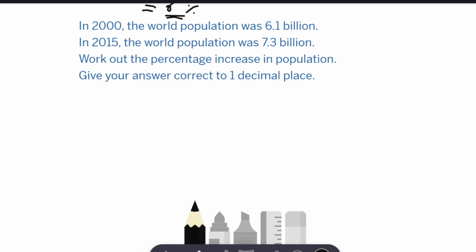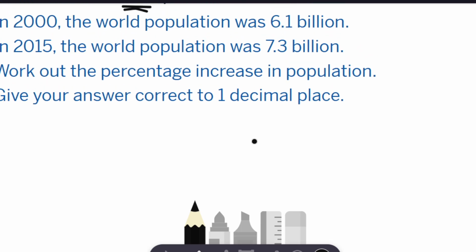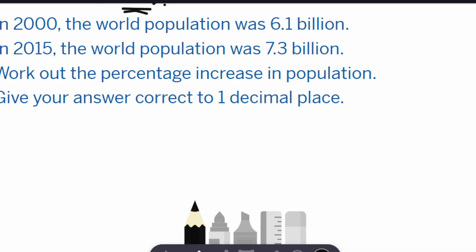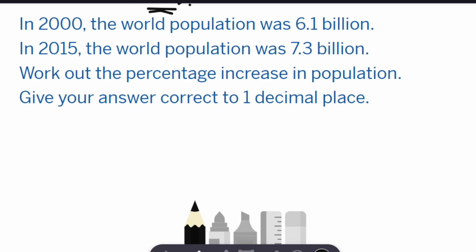Now let's look at this question. In 2000, let's just zoom in. In 2000, the world population was 6.1 billion. Goodness, that's a lot. In 2015, the world population was 7.3 billion.